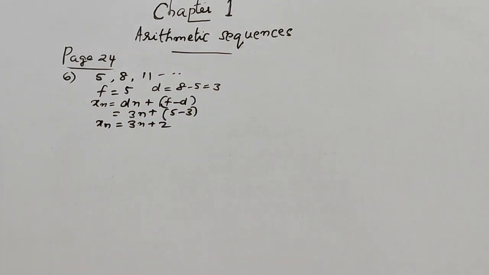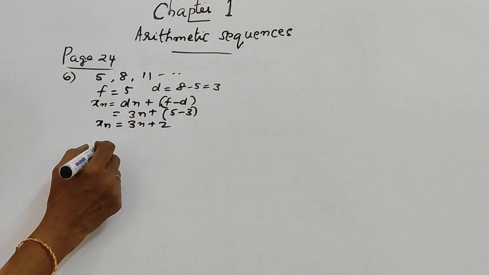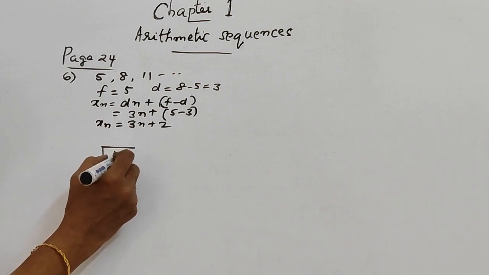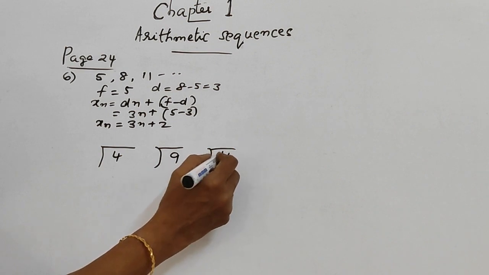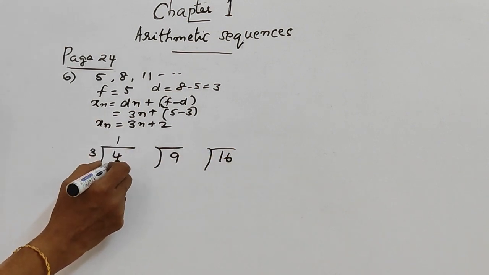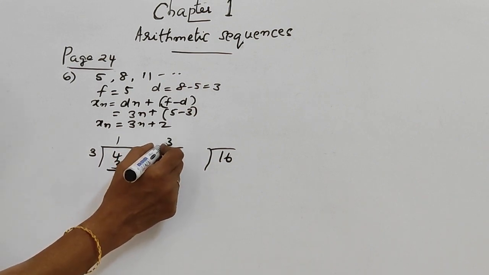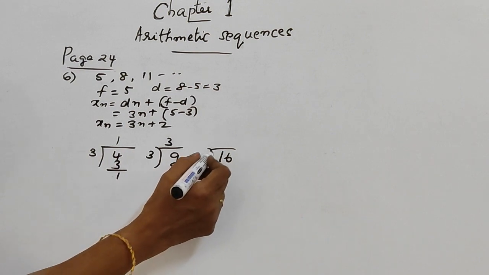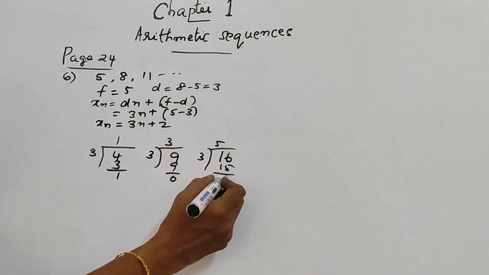See, when we divide a perfect square by 3, I will show you examples. Which are the perfect squares? 4 is a perfect square, 9 is a perfect square, 16 is a perfect square. When you divide 4 by 3, 3 ones are 3, remainder 1. 9 divided by 3, 3 threes are 9, remainder 0. 16 divided by 3, 3 fives are 15, remainder 1.